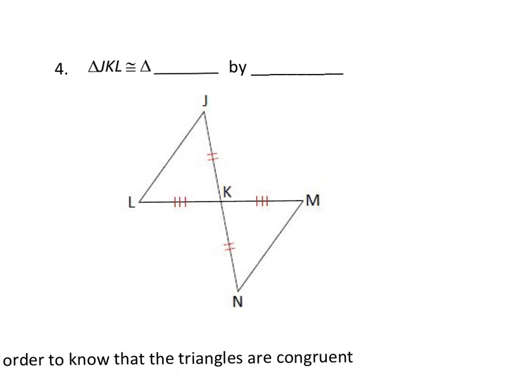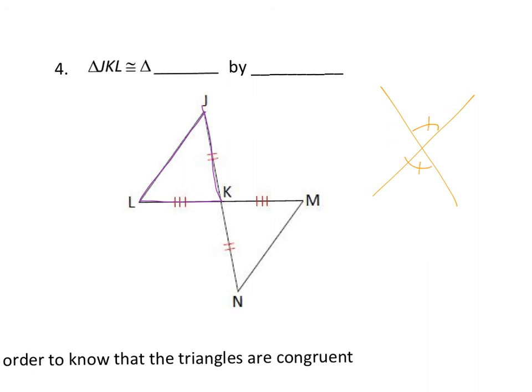And here we've got a few things. We've got triangle JKL, and we've got our side, side. While it doesn't show a marking for our angles, if you remember back in Unit 1, we had that definition of the vertical angles.